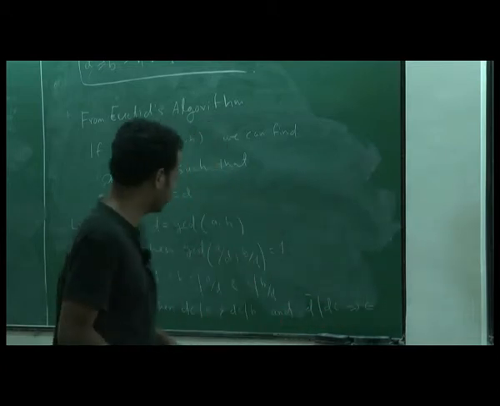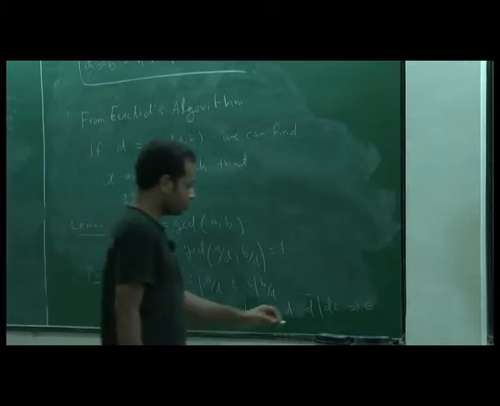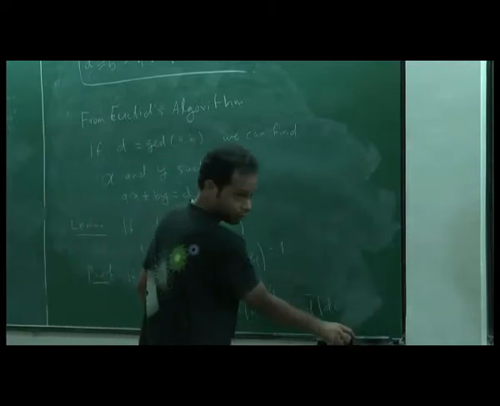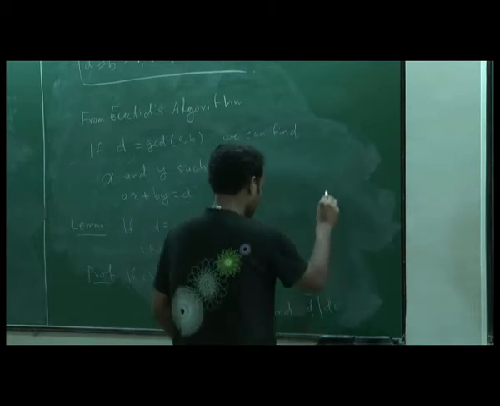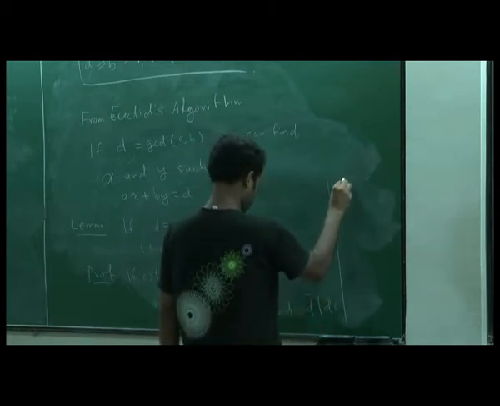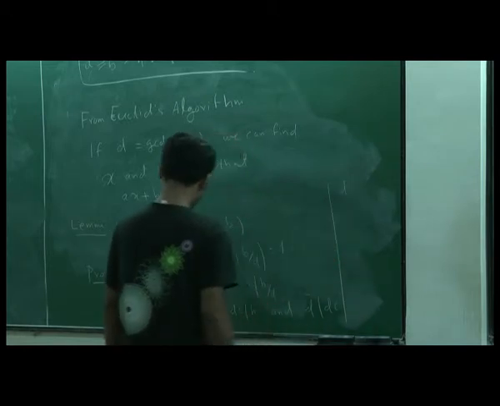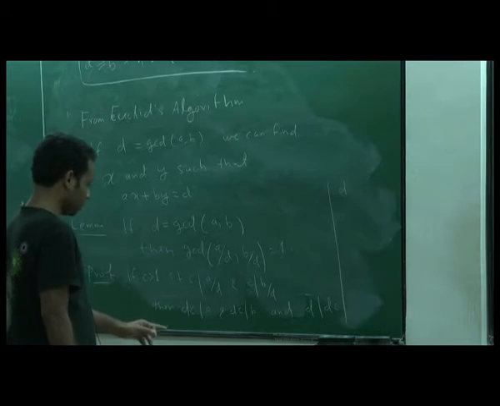Because any other common divisor must divide D, but DC divides A and DC divides B.